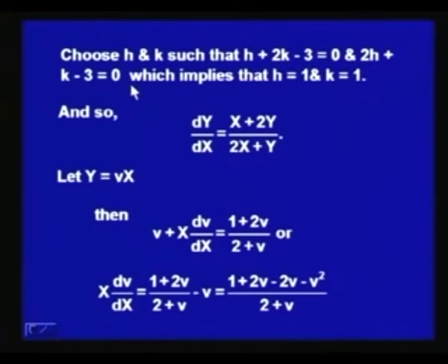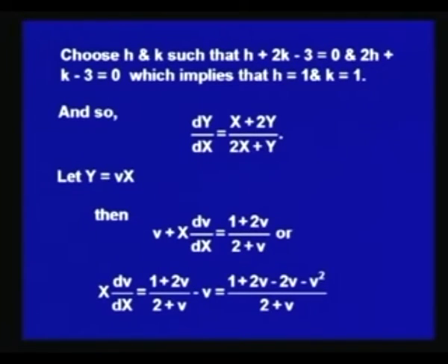On solving these two linear equations in h and k, we obtain h equal to 1 and k equal to 1, and so the equation now reduces to dY by dX equal to X plus 2Y over 2X plus Y. Now, let us put Y equal to vX, and then we shall have v plus X dv over dX equal to 1 plus 2v over 2 plus v.